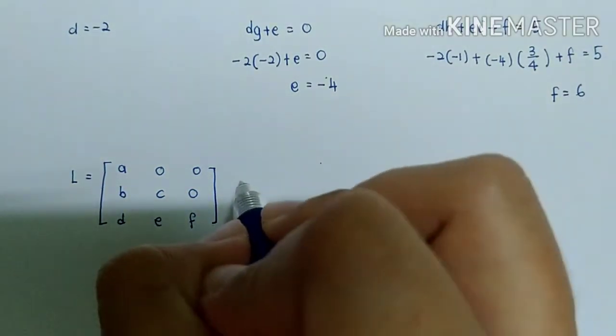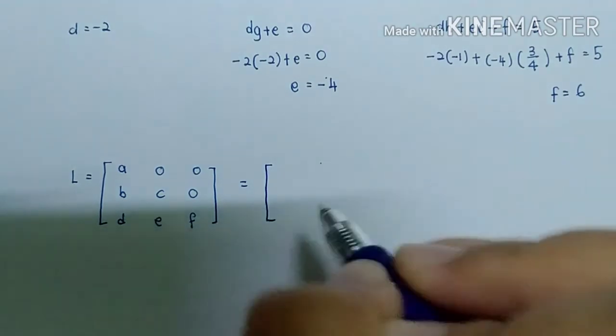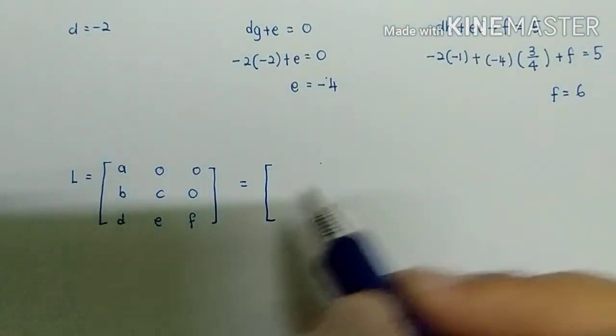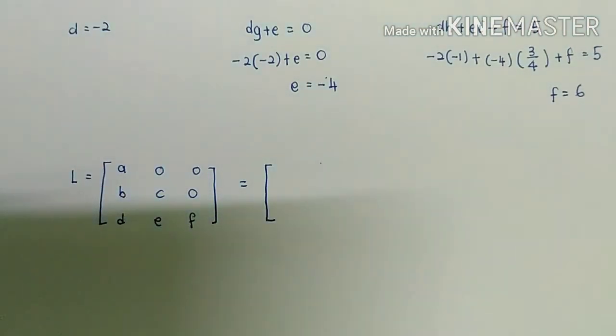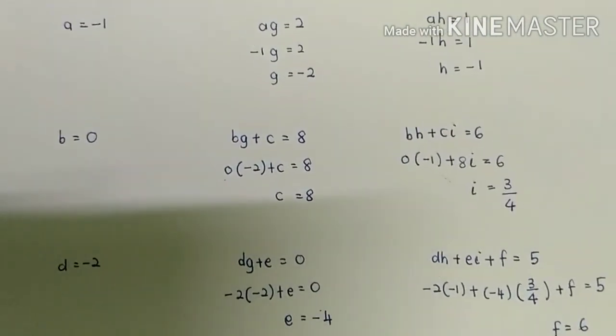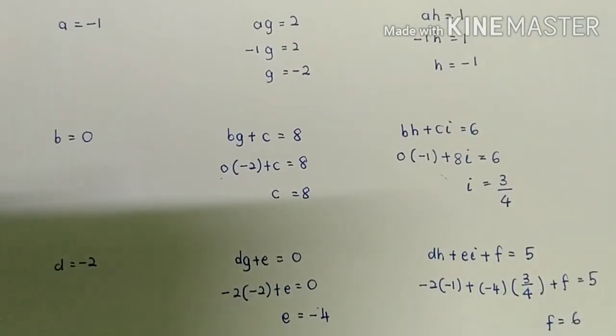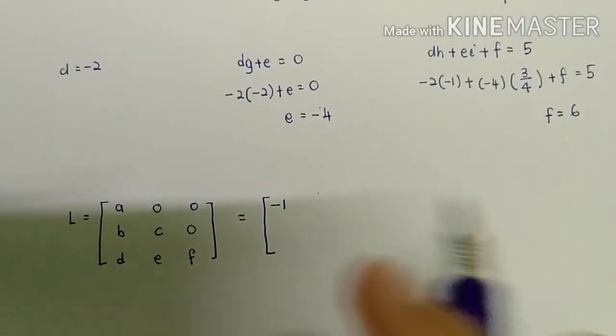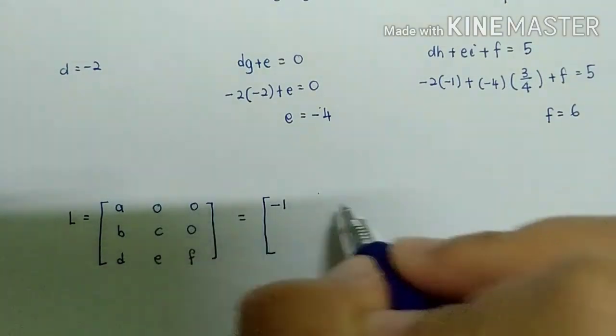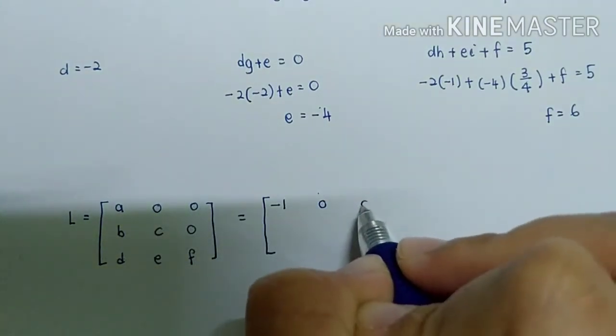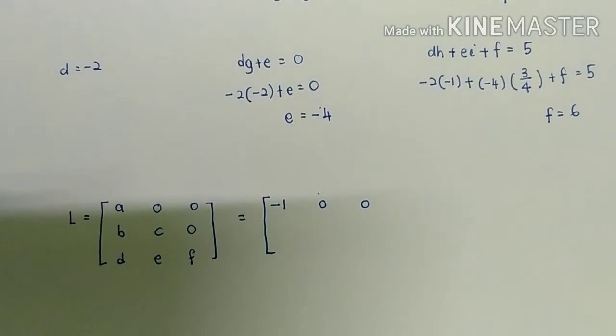Okay, so we substitute value of A until F. So from our calculation here, A is negative 1, and then we have 0 and 0, just write back.